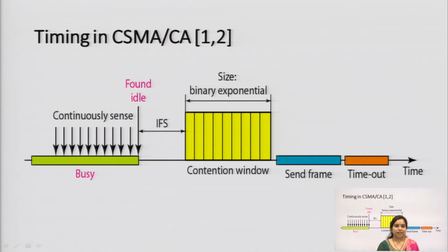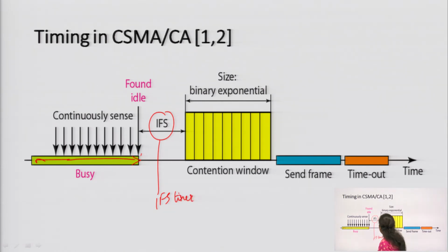Now, next is timing in CSMA CA. How will it work? You can see that this is the channel window, and in this duration it is busy and continuously sensing that particular channel. Then, at this point of time, it shows that it is idle, so it will wait for the IFS time, the timer that has been set.